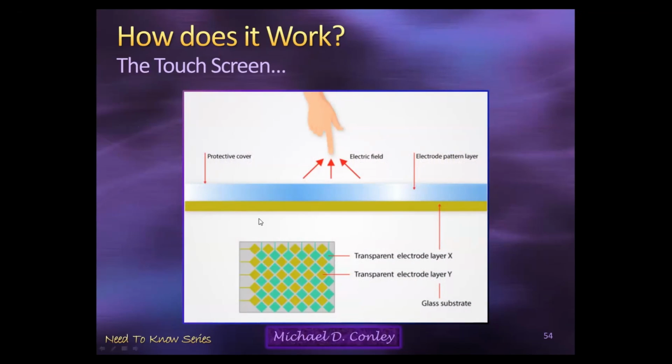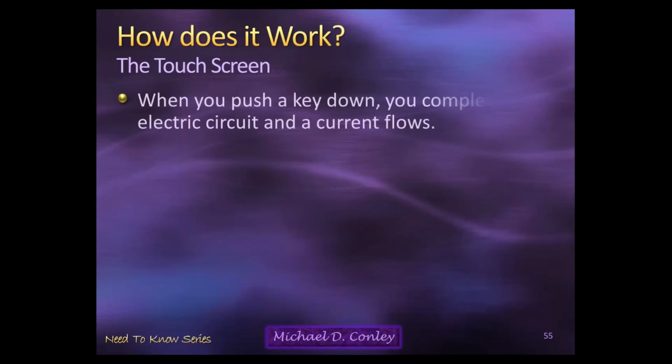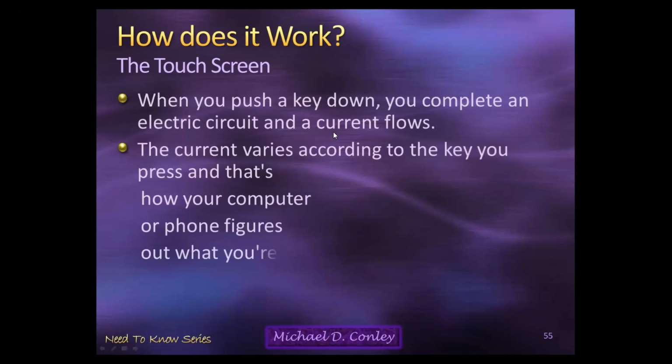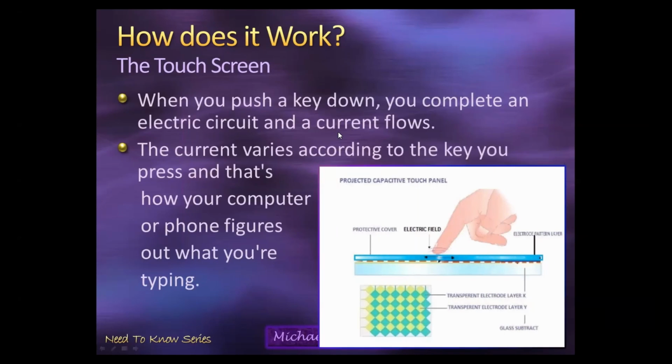And the same is true on your laptop or your phone, where depending on the screen you touch will translate into a specific kind of response. When you push a key down, you complete an electric circuit and the current flows. The current varies according to the key you press, and that's how your computer or phone figures out what you're trying to do.